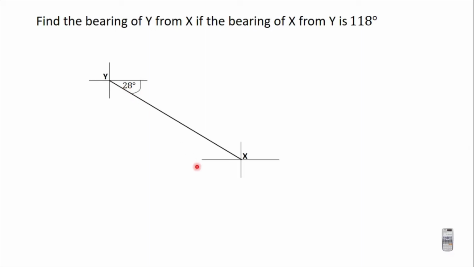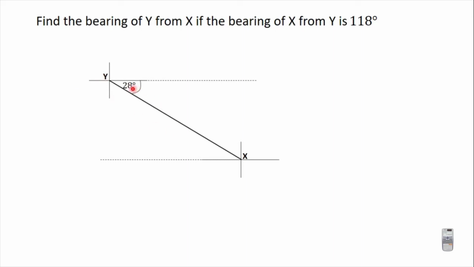Now the bearing of y from x, you draw your diagram here. Then we know that if you continue on this line and you continue on this line, from plane geometry we can see that this line here and this line here will be parallel lines. And if they are parallel lines, then it means that line xy is a transversal.